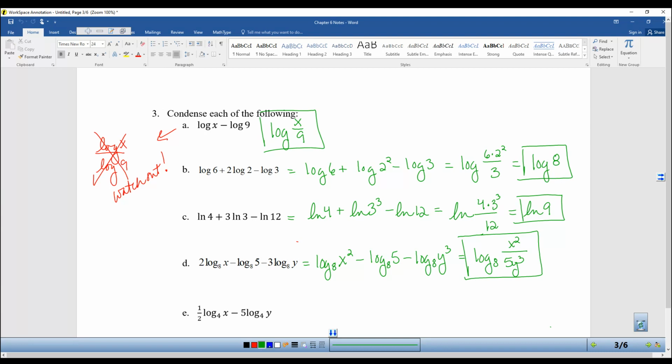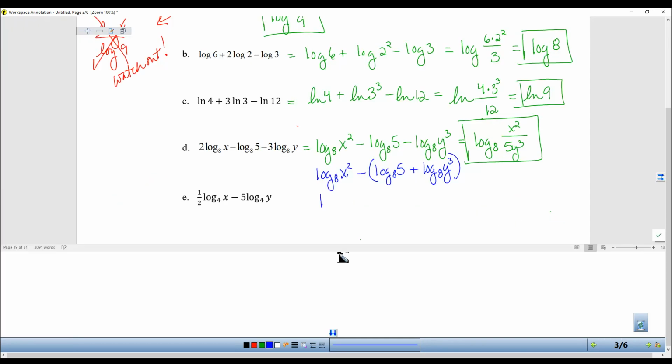If that doesn't really make sense why that works, you could think of it as log base 8 of x squared minus, and then put parentheses around this, log base 8 of 5 plus log base 8 of y cubed. Maybe that'll help you understand why this becomes log of x squared minus log base 8 of 5y cubed.